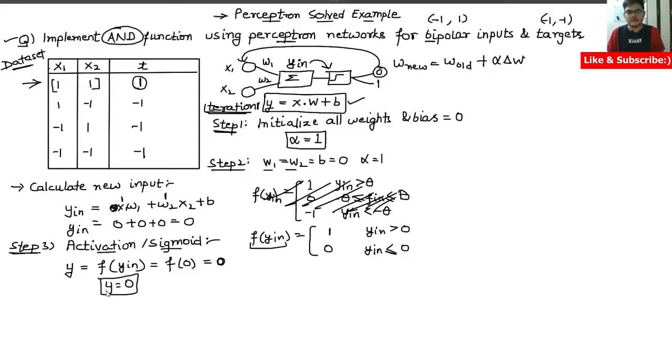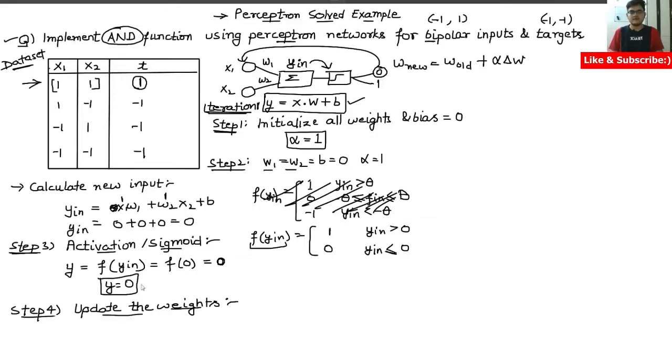And you can see that the y that is coming here is equal to 0, and since it is not equal to the value that we desire, we will move to step 4, which is to basically update the weights, right? So now we will update the weights. Now this is an important step.